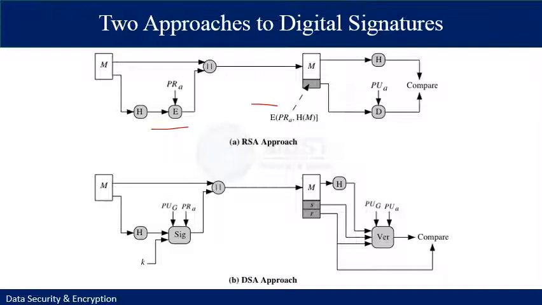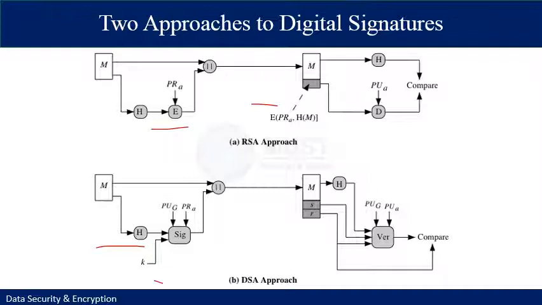On the other hand, the DSA approach also makes use of the hash function. The hash code is provided as input to the signature function along with a random number k generated for the particular signature.